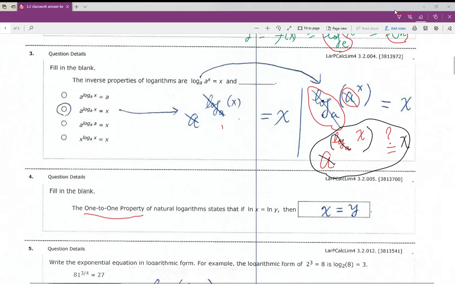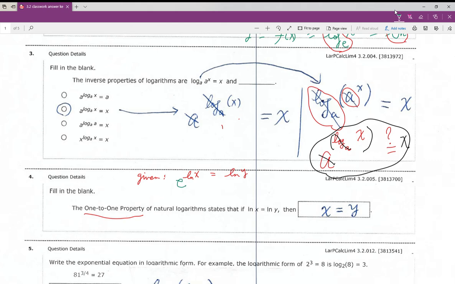I can show you another way of the calculation. Say you have ln x equal to ln y. Now, let me choose another color.